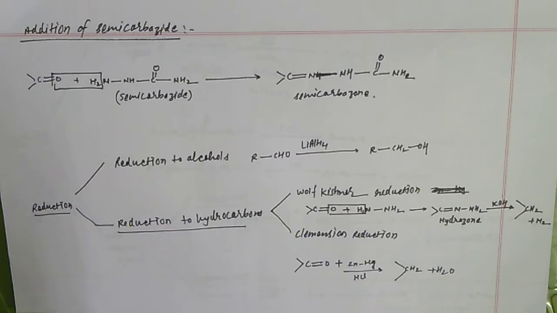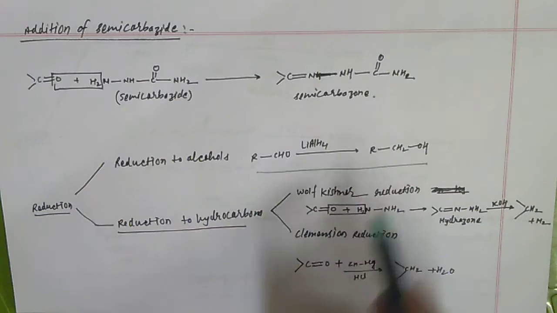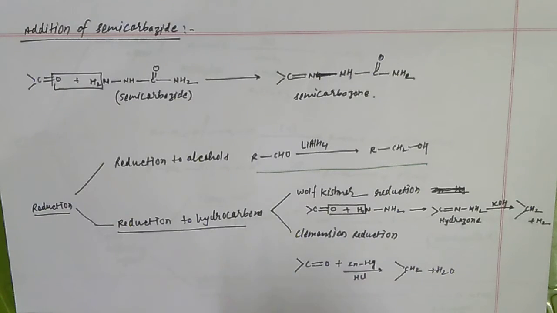Now the reduction reaction. There are 2 types of reduction reaction: direct reduction to the hydrocarbon and reduction into alcohol. When you do the reduction with lithium aluminum hydride, it will give the alcohol. But there are name reactions like the Clemmensen reduction and Wolff-Kishner reduction.